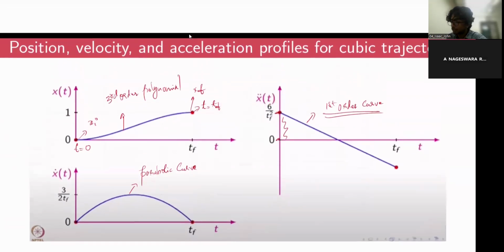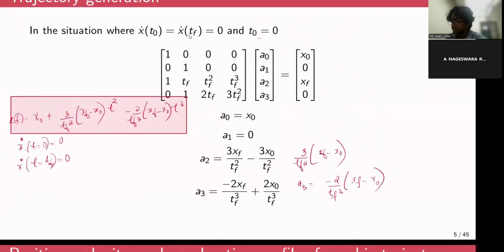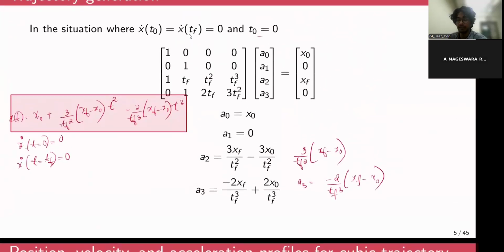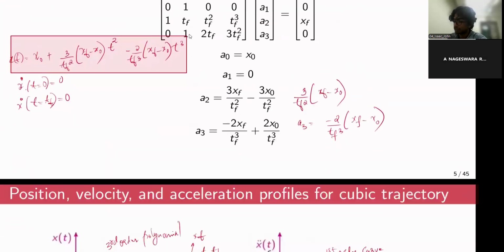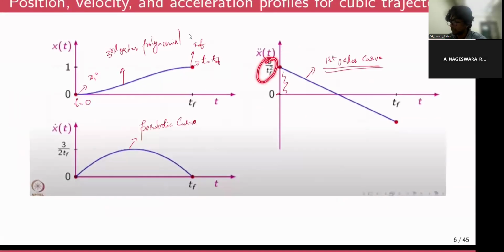So if you substitute these initial conditions into this expression, take the derivative of the terms, and substitute at time t equal to 0, you will end up with this expression, 6 by tf square. Right? So that is what this intercept, or that initial offset, is.